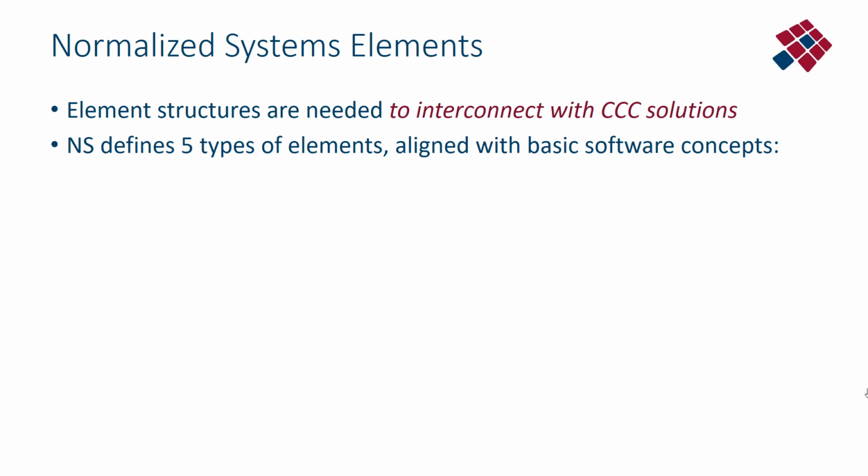And normalized systems theory defines 5 types of elements, and those types of elements are aligned with a very basic software concept, the same basic concept of software which dates back to the von Neumann architecture and hasn't changed in 70 years. Because what software basically does is represent data.